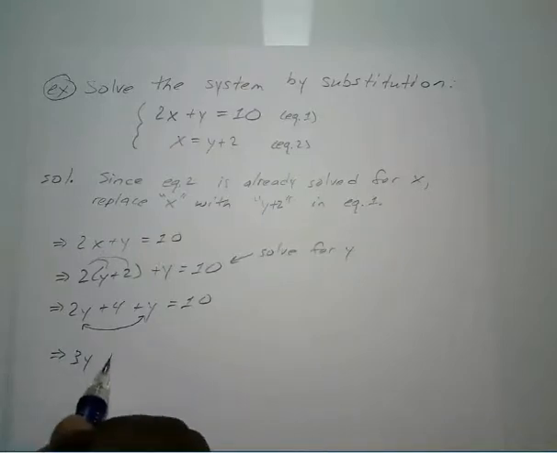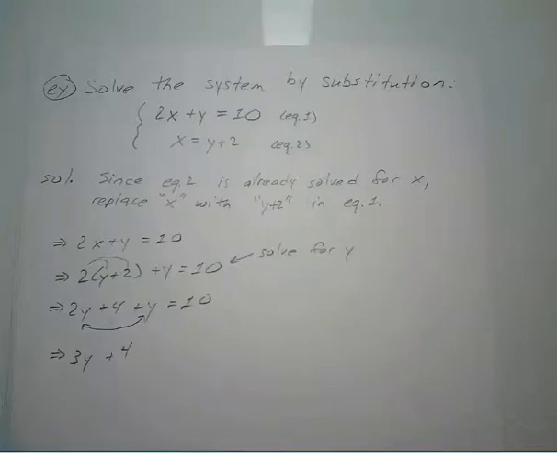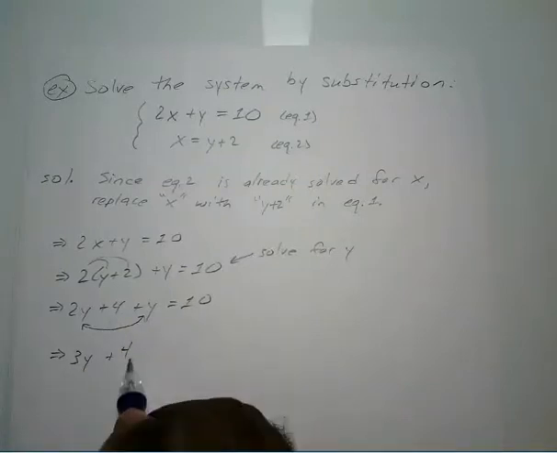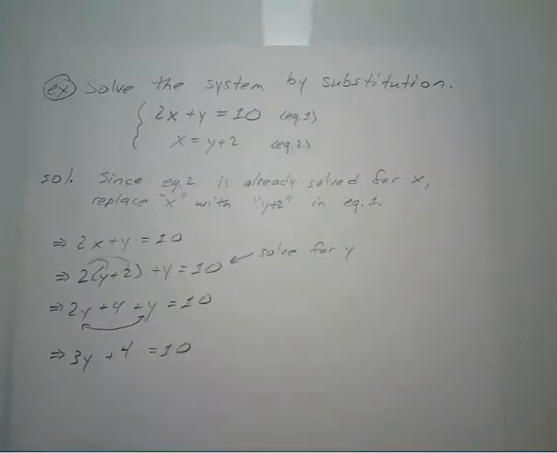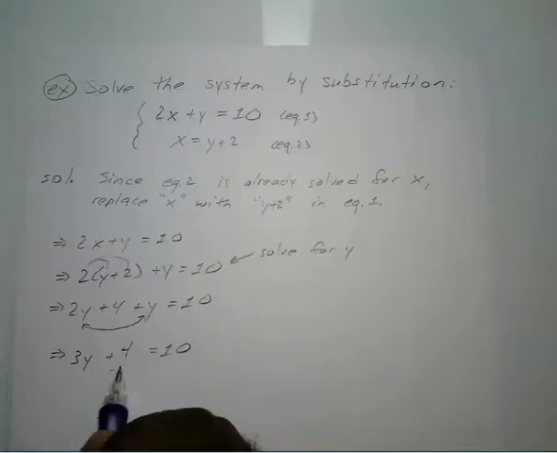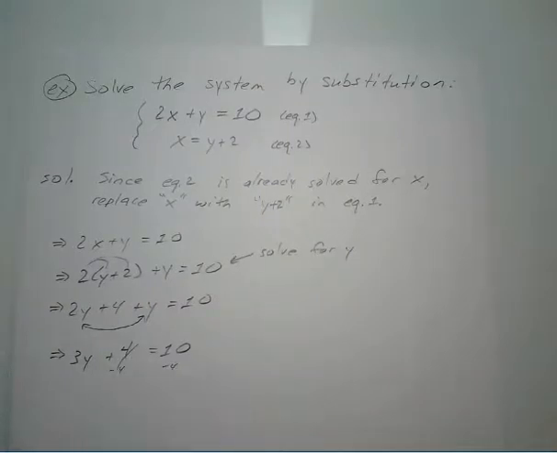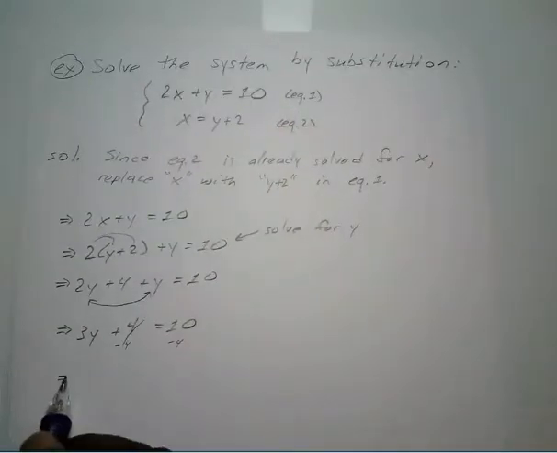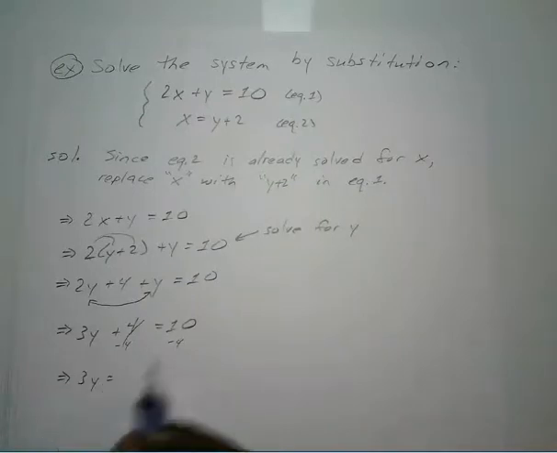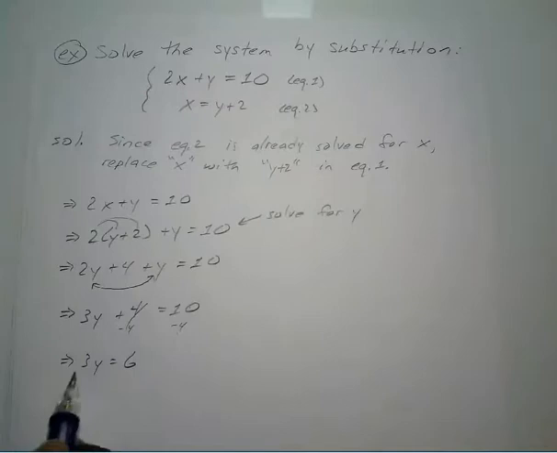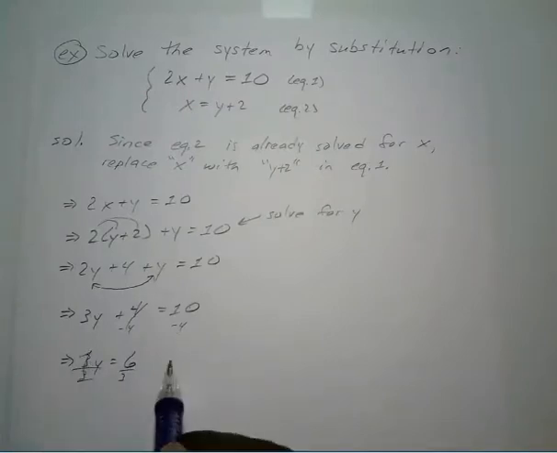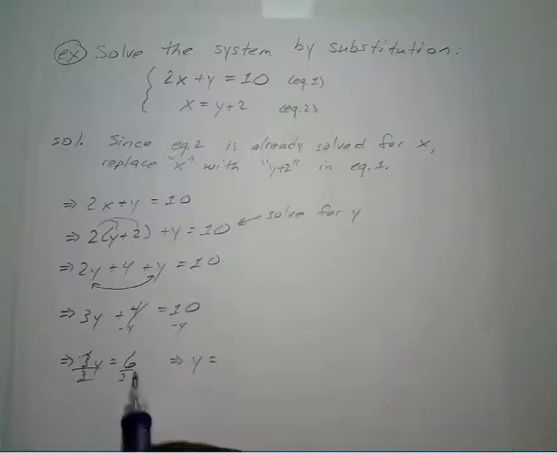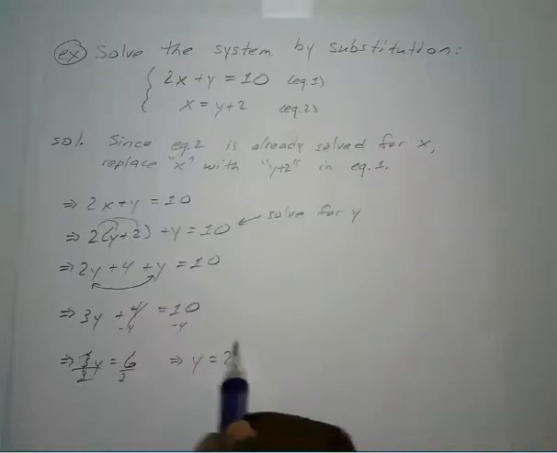So we have 3y plus 4 equals 10. If we subtract 4 from both sides, we have 3y equals 10 minus 4, which is 6. If we divide both sides by 3, we have y equals 6 divided by 3, which is 2.